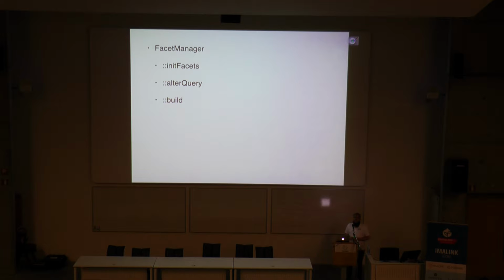In alter query, we'll alter the Search API query with an enabled facet if there's a facet enabled. And build is a method that will return a build widget, a widget being links or checkboxes or a drop down. Those are the three most important methods in Facets.